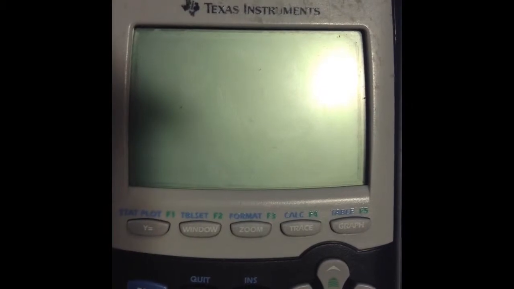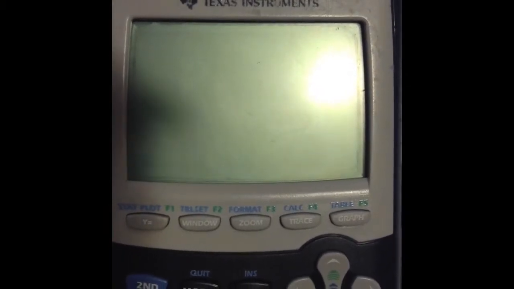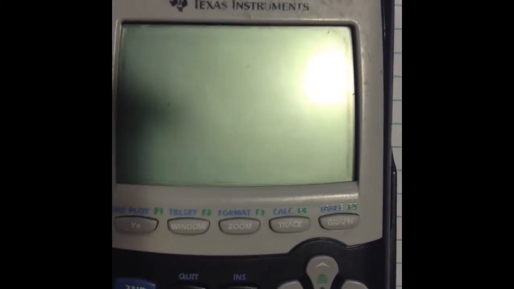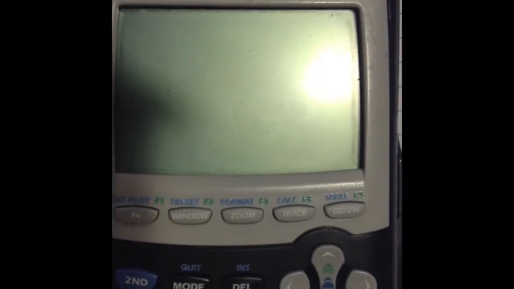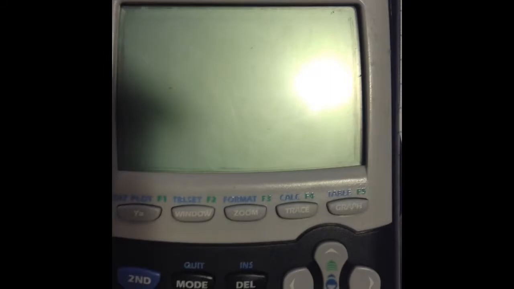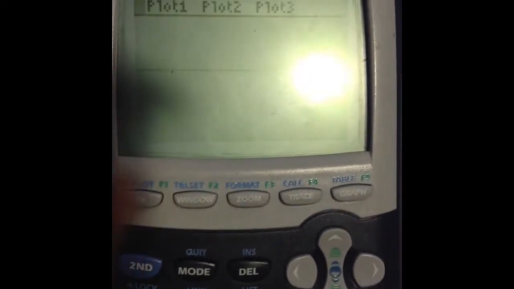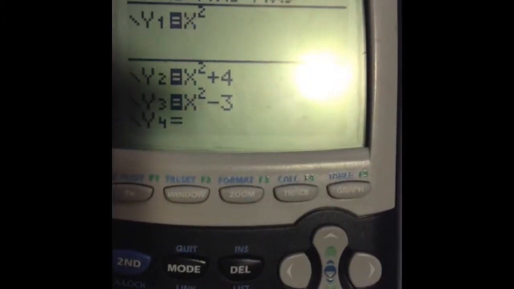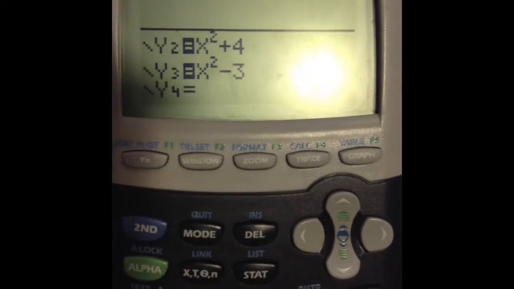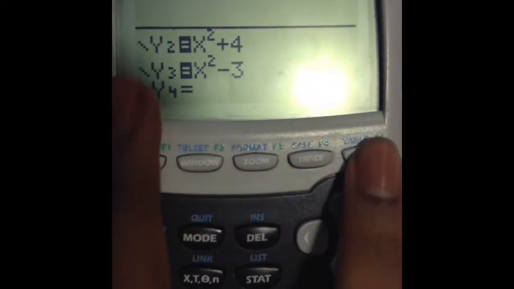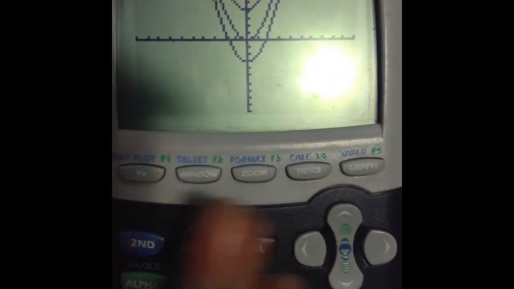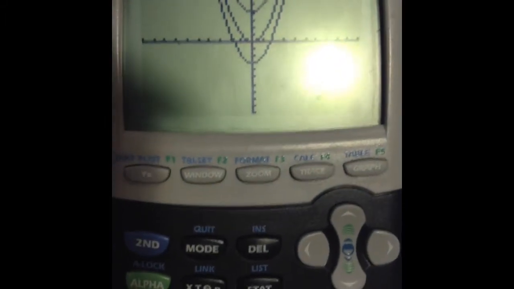I can identify the effect on the graph of replacing f of x by f of x plus k and k times f of x for specific values of k. I can also find the value of k that is given in graphs. For the first problem, I have already put it in the calculator for you. All you do is press graph. Then you should get the answer to the 3 functions.